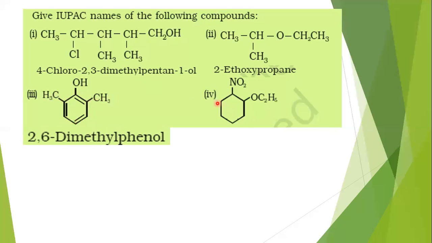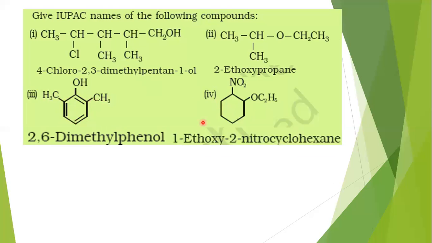Now see this example: 1-ethoxy-2-nitrocyclohexane. The basic compound is cyclohexane. This carbon is considered the first carbon, and at this first carbon the ethoxy group is present.